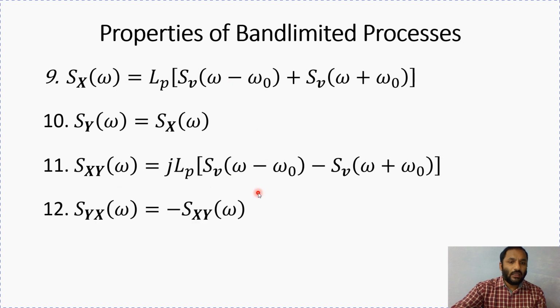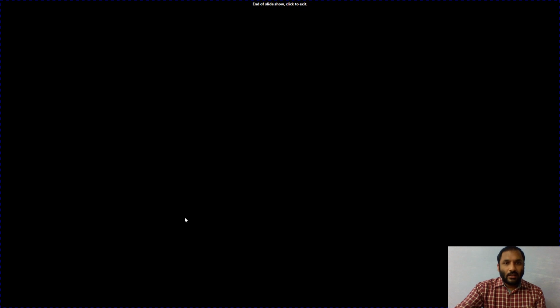Similarly, if you reverse the order of xy, then we have to add a minus in front of Sxy. If you change this order, then a minus comes in front. So now these are the 12 properties of band limited processes. Thank you very much.